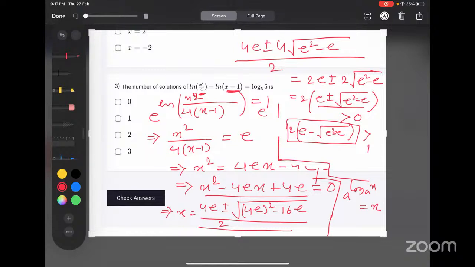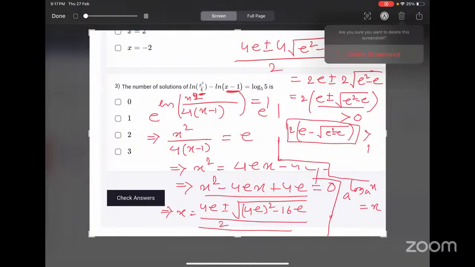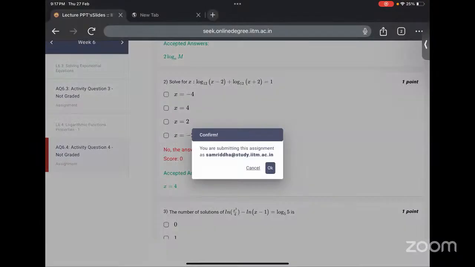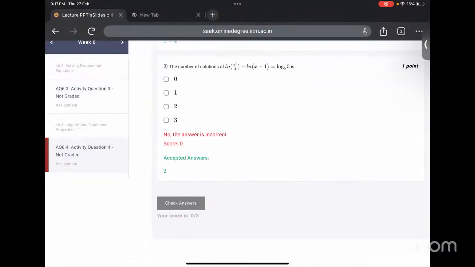So 2 must be the answer. Got it, ma'am. Any doubt? No, ma'am, everything is clear. Thank you, ma'am. So the thing is, if you have to find the number of solutions, first you have to solve the equation. Secondly, you have to check whether for those values you can define the log or not.